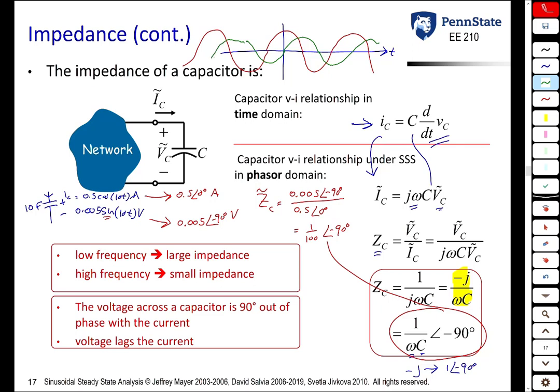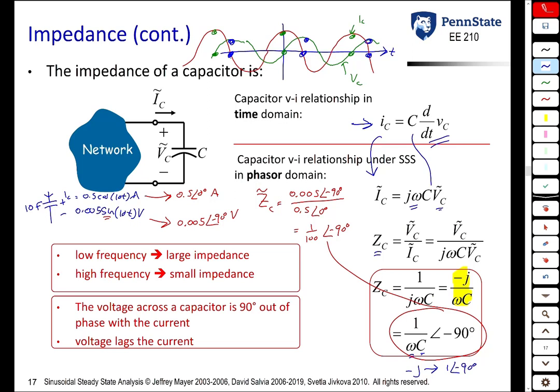Couple things to note. Here's the current. This is the voltage. When the current is maximum, the voltage is going to be 0. And when the voltage is maximum, the current is going to be 0.